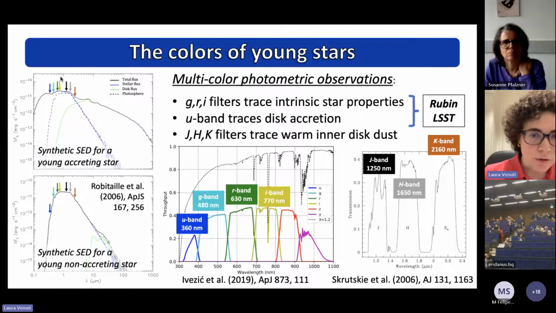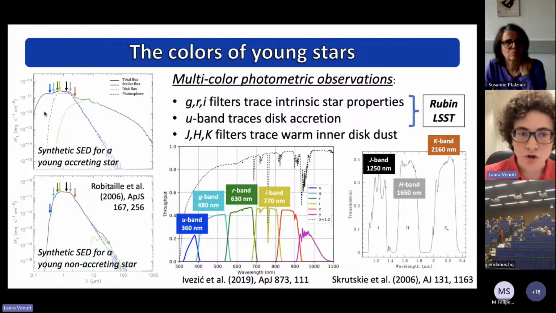And if you look at where these filters fall on the SED, you'll see that the redder filters, such as R and I, that will be used with LSST, are mostly sensitive to the photospheric properties of the star. So they will allow us to trace the intrinsic properties of the star itself. If we add information in the U band, then we are able to probe the excess emission driven by the accretion shock.